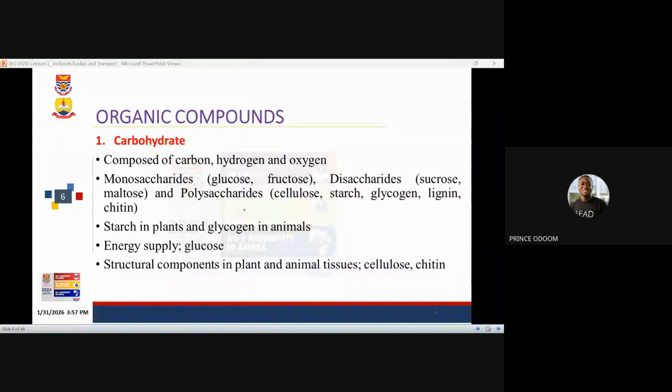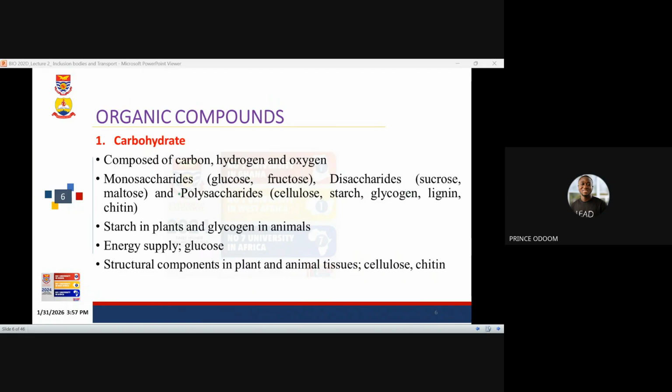So the carbon is there, and then the carbon is bonded to other elements. Usually you find hydrogen, oxygen, and in some instances nitrogen, sulfur, and other halogens as well. So that is basically what organic compounds are.